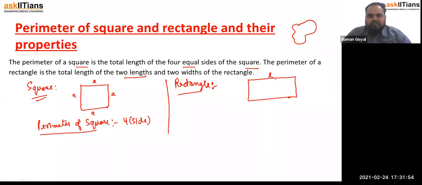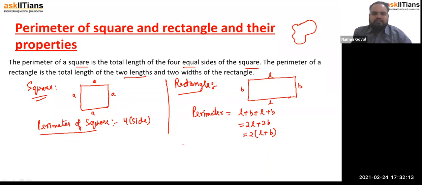So if this is L and this is also L, this is B and this is also B, so we can say that the perimeter of that rectangle is what? L plus B plus L plus B. So it will be 2L plus 2B. So we can take 2 common, 2 into L plus B, right? So the perimeter of a rectangle is 2 into L plus B.